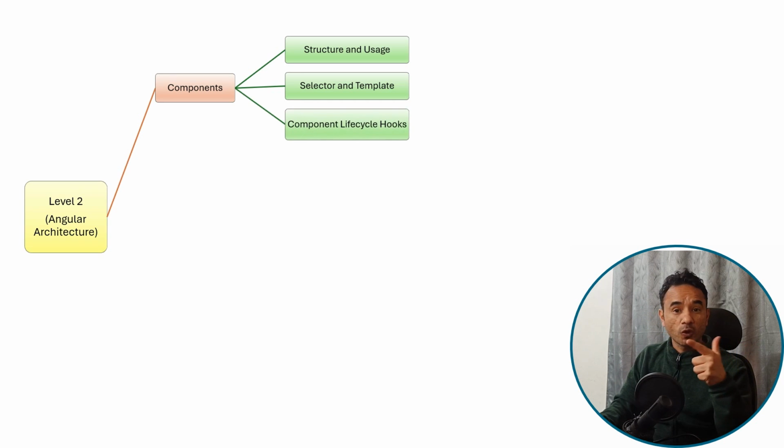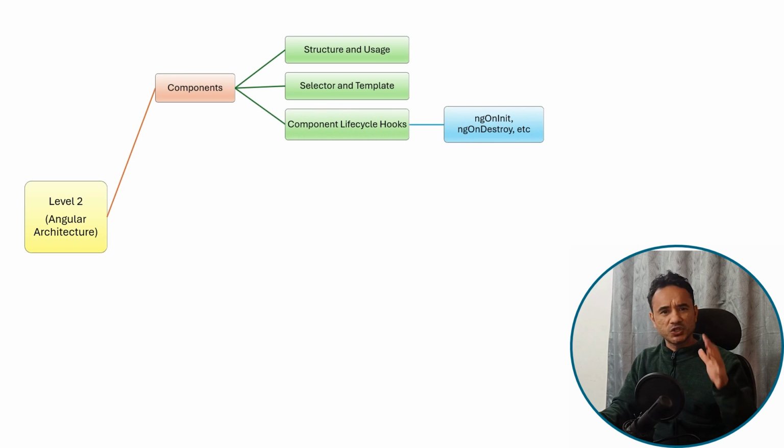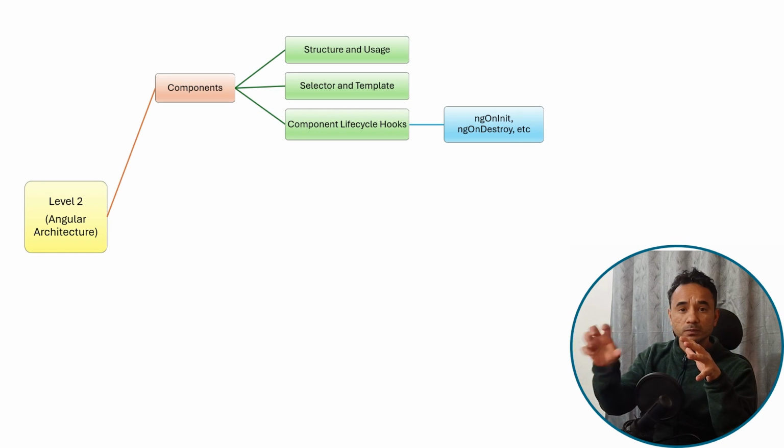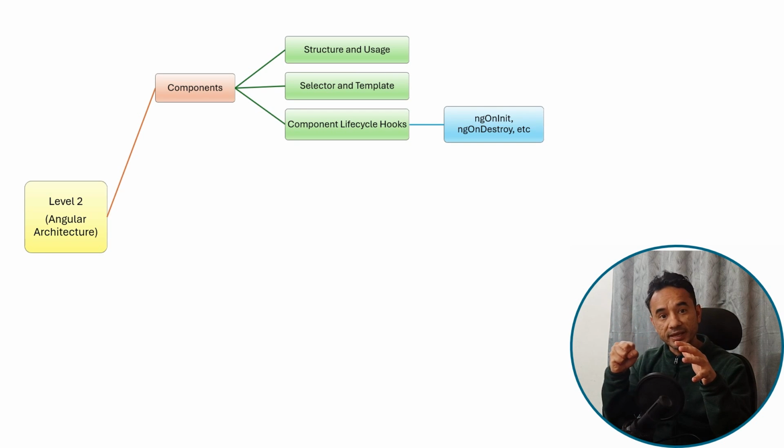And do not forget about the component lifecycle hooks like ngOnInit, ngOnDestroy. There are others, but these are the main ones. Okay, these hooks will help you in creating big and complex components, right?